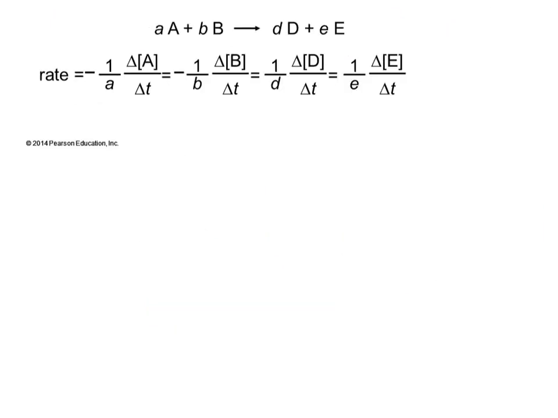Here's a formalization of that rule we talked about with the coefficients. If I'm wanting to relate the rates of all these substances to each other, I take the coefficient, A, take its inverse, and multiply it by the change in concentration. B inverse multiplying concentration.